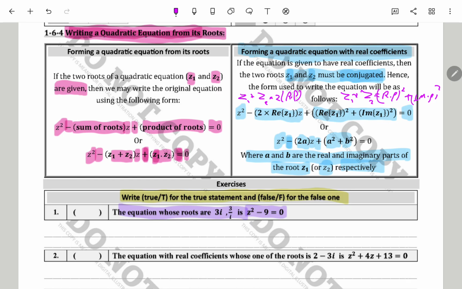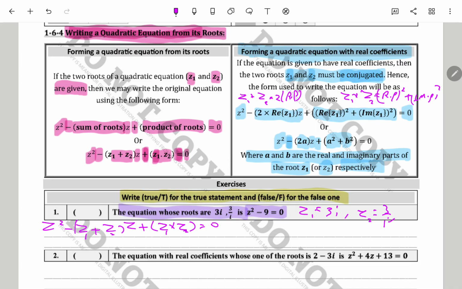You can use the general rule, which is z squared minus (z1 plus z2) in a bracket multiplied by z plus z1 times z2, all equal to 0. And think about z1: z1 is 3i and z2 is 3 over i.